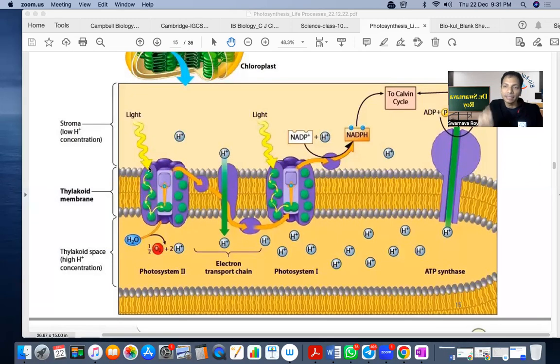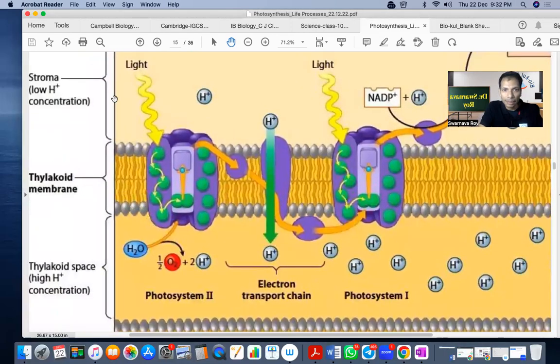The electrons which are present in the chlorophyll, I said this is the antenna complex, and you can see how the moment they capture the light, it causes electrons present in the chlorophyll molecules, chlorophyll B especially, and also xanthophyll, also carotene.